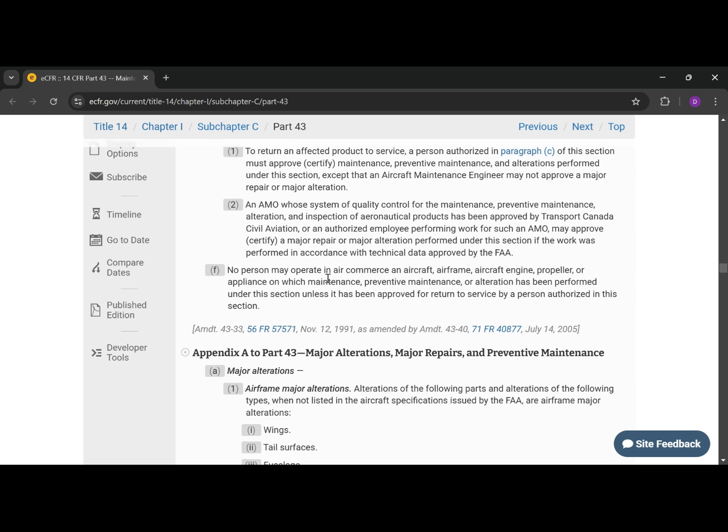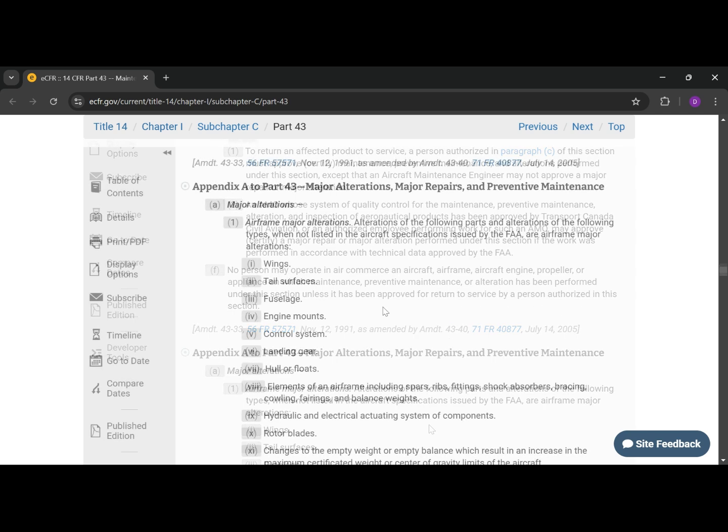No person may operate in air commerce an aircraft airframe, aircraft engine, propeller, or appliance on which maintenance, preventive maintenance, or alteration has been performed under this section, unless it has been approved for return to service by a person authorized in this section.